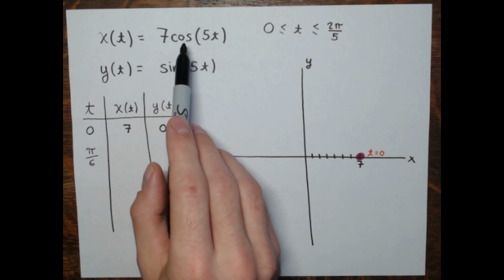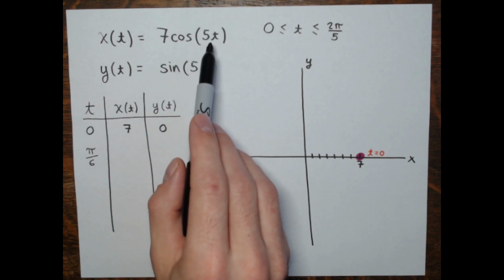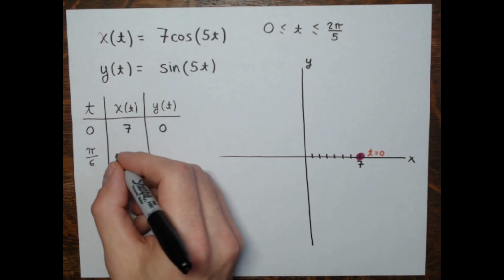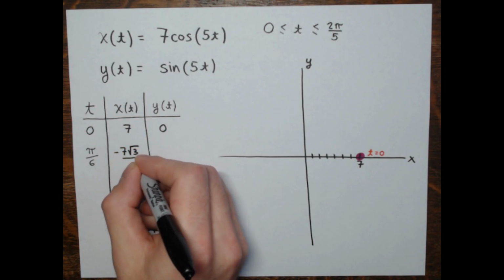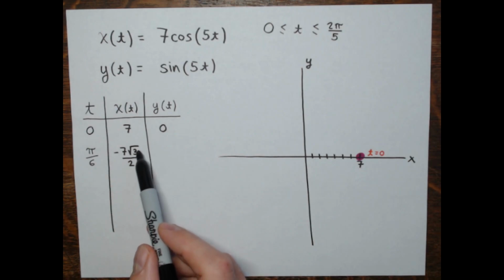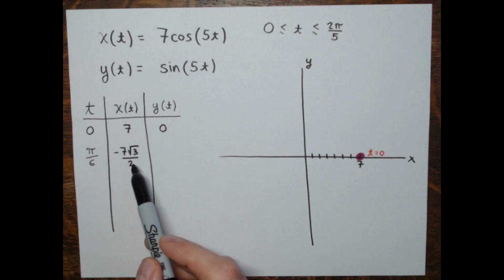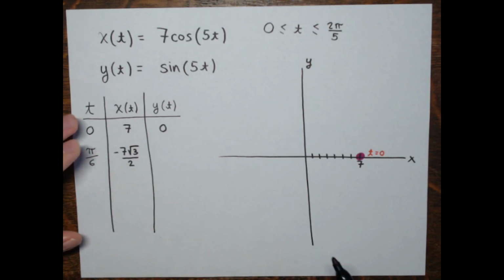The cosine of 5 pi over 6 is the negative square root of 3 over 2, and then times 7. So negative 7 times the square root of 3 over 2. Now, the square root of 3 over 2 is about 0.86, and times 7, you get about negative 5 point something.